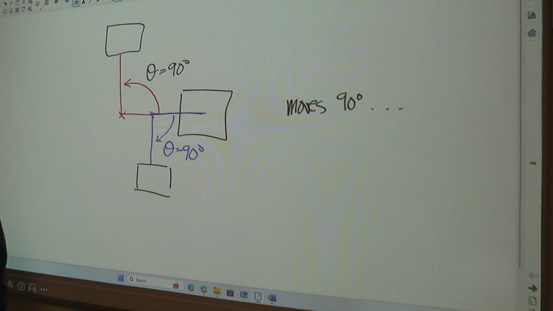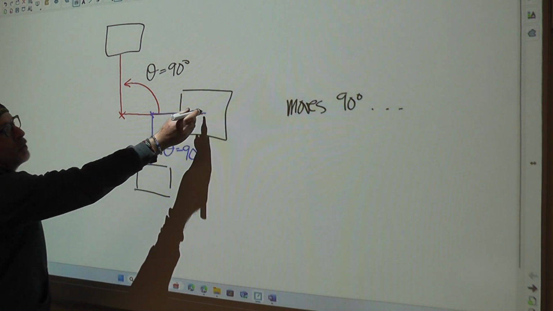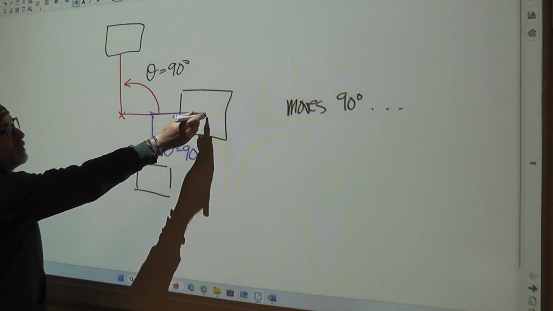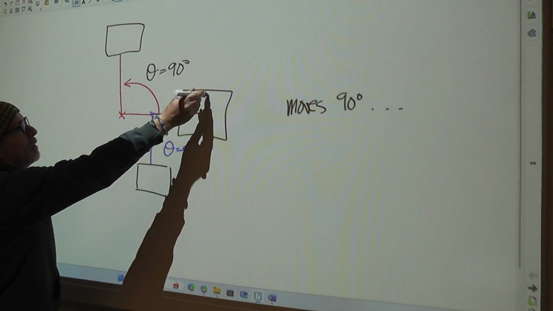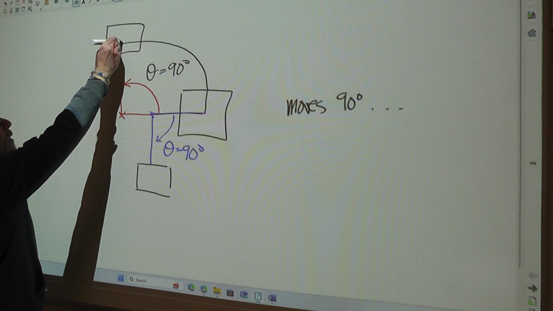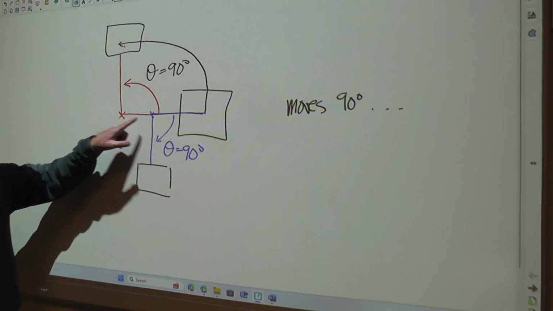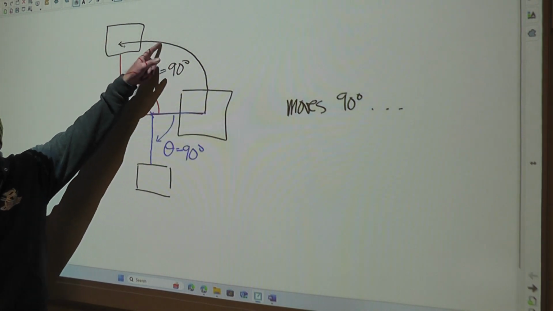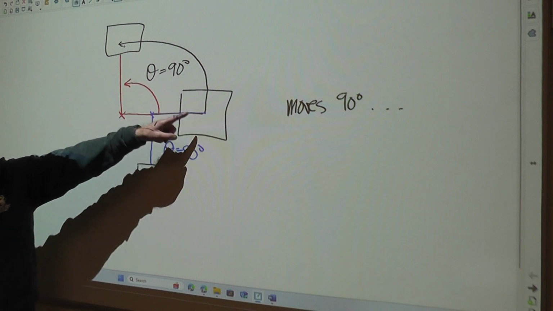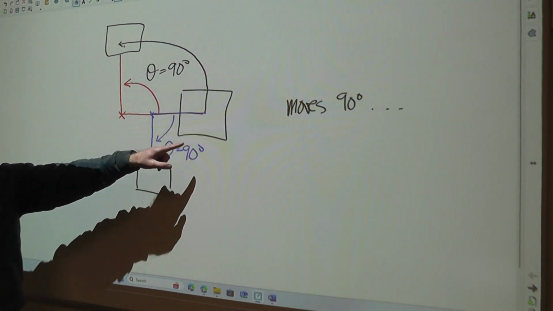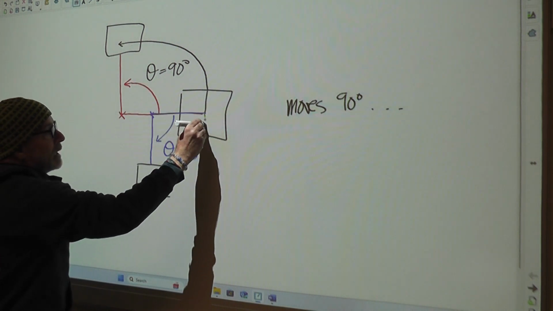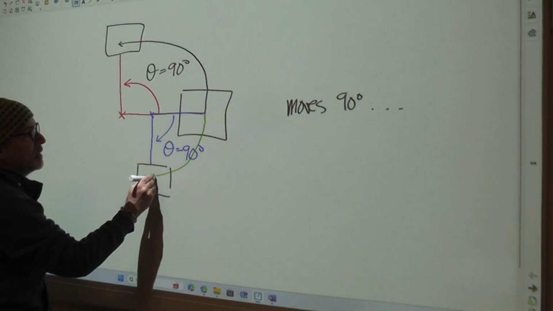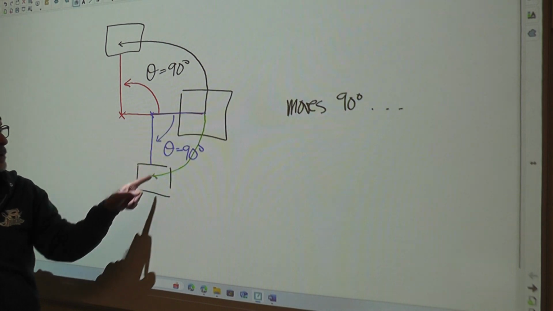But you can see that the location of this object, when drawn as an arc, is moving through an angle of 90 degrees as it goes from here to here. It's also moving through an angle of 90 degrees as it moves from here to here.